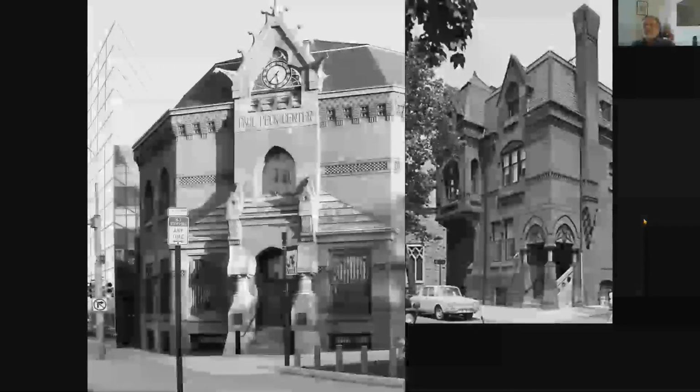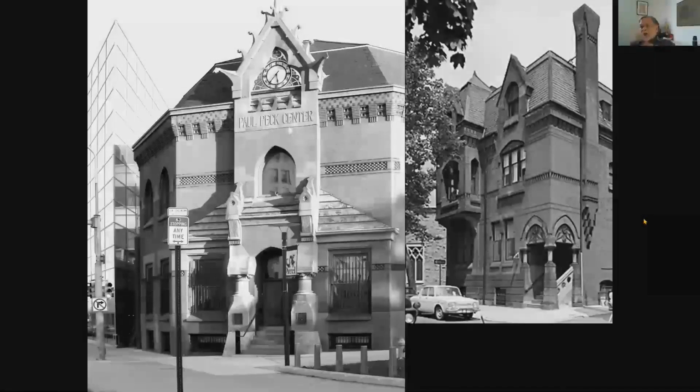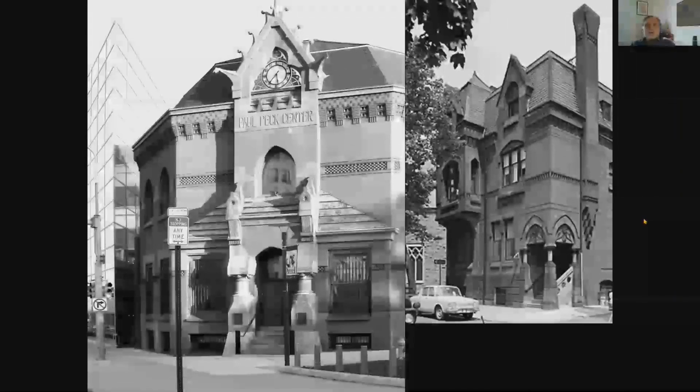These are 2 buildings of Frank Furness in Philadelphia. He was a Philadelphia-based architect. And to introduce Frank Furness in a different way, we all know Frank Lloyd Wright was mentored by Louis Sullivan, one who came up with this wonderful dictum, form follows function.